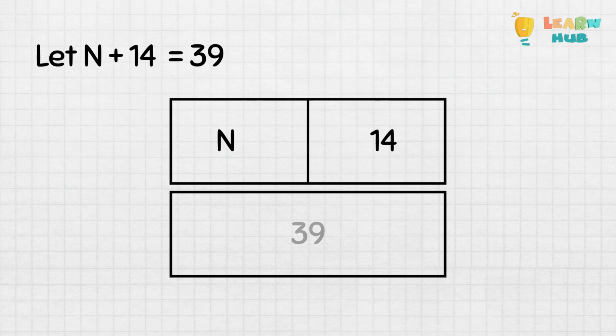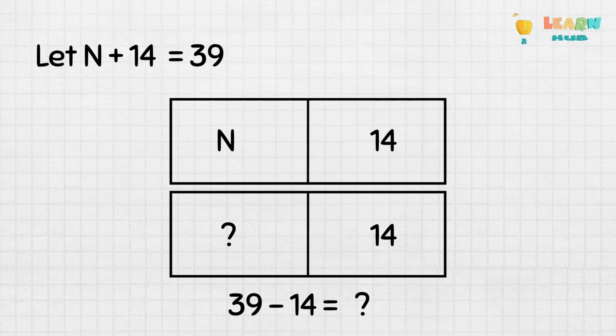Next, let us cut the second bar such that one portion have the same length as the one representing 14. Now, what value must be on the other rectangle such that the total will represent 39? Correct! We will have 25.